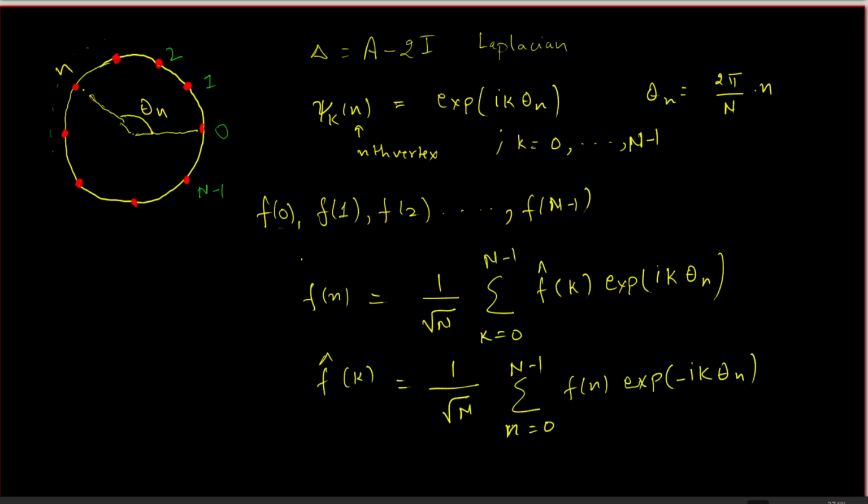So this is our discrete Fourier transform, which is the Fourier transform for a discrete space, which is a circle graph.